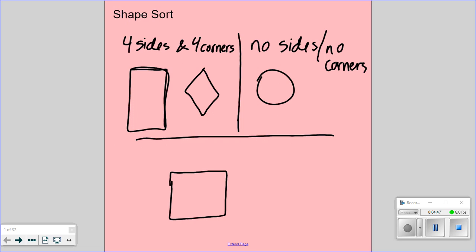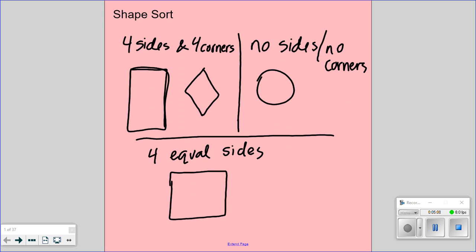These are where rules come in handy. Jordan? 4 equal sides? Like 4 equal size sides? Okay, so Jordan thinks if you wanted to make 3 piles, go ahead and make 3 piles. One of them just has 4 sides, 4 corners.